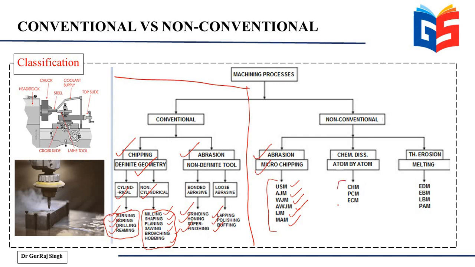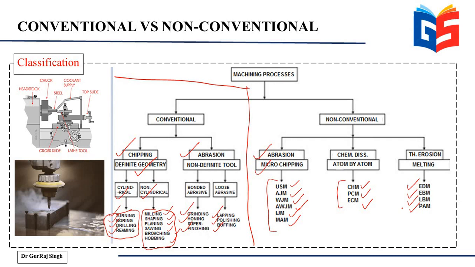We have chemical machining, photochemical machining, and electrochemical machining. And then we have the thermal methods where thermal erosion is done on the workpiece, and melting or direct vaporization takes place. We have four methods: electric discharge machining, electron beam machining, laser beam machining, and plasma arc machining. So these are all the techniques that we are going to talk about in the coming lectures.